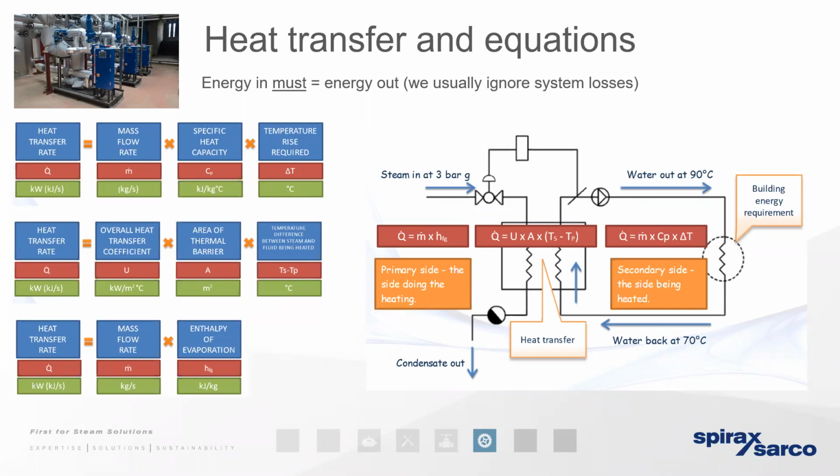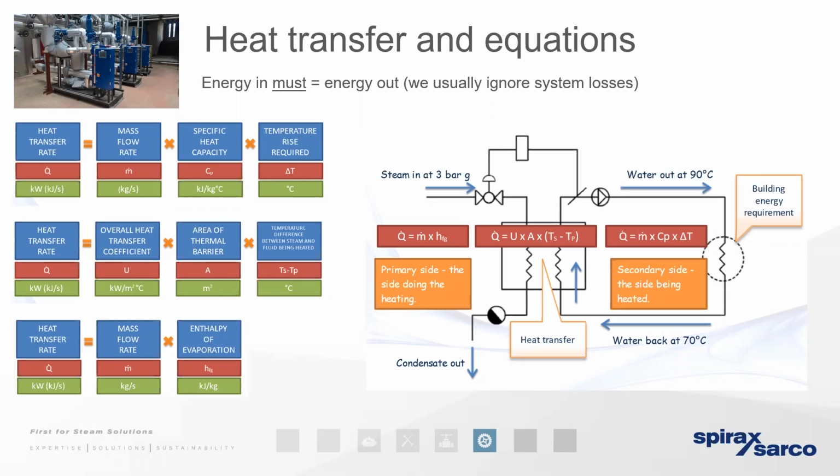It's the process side. And what you'll see is if we want to determine the amount of energy that is required to heat a process, we need to know a number of variables. So first of all, we need to know the mass flow rate of fluid that we want to add that heat energy to. Of course, we can calculate that, or that can be given to us by the steam user, the process owner.